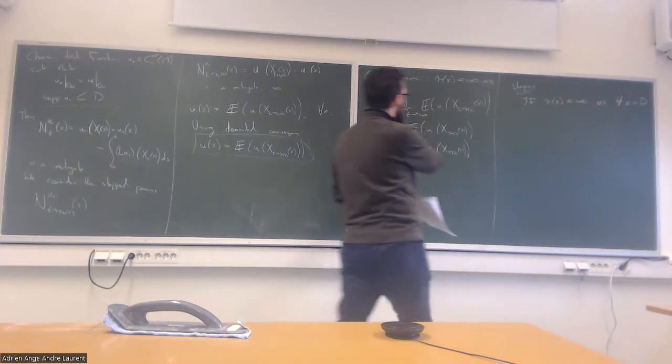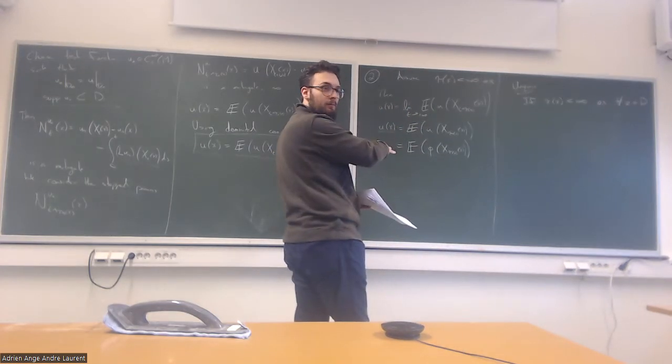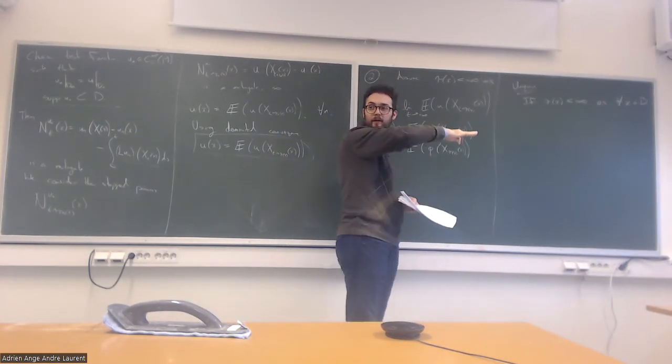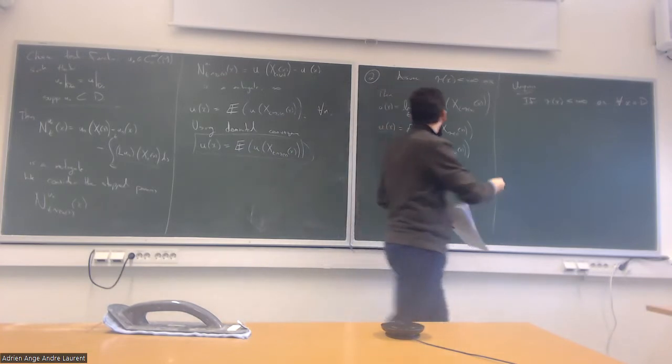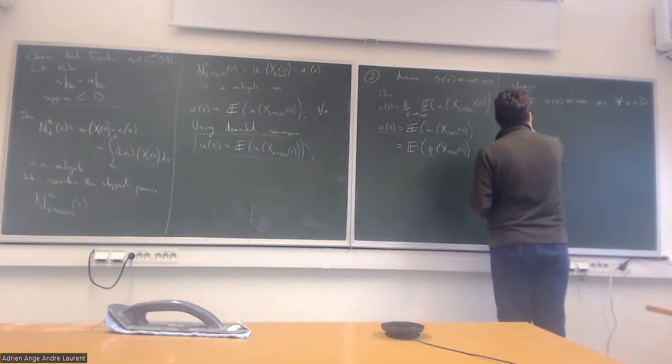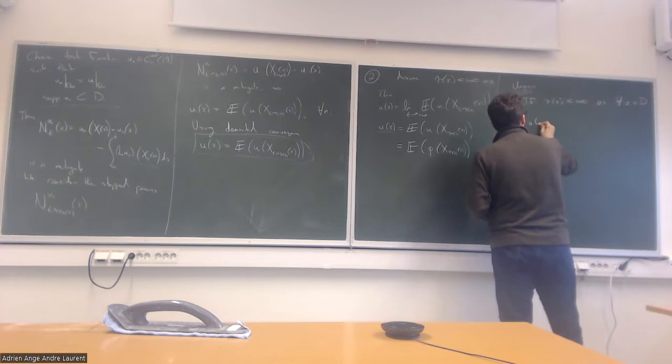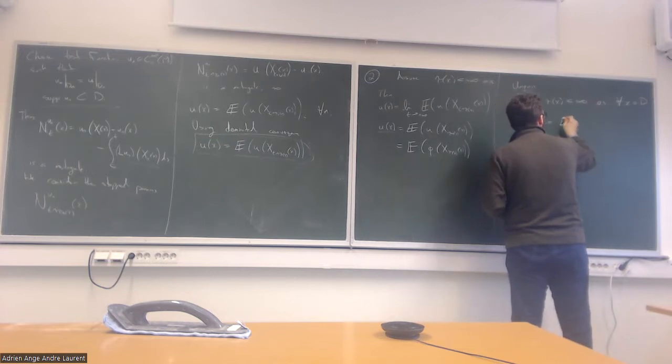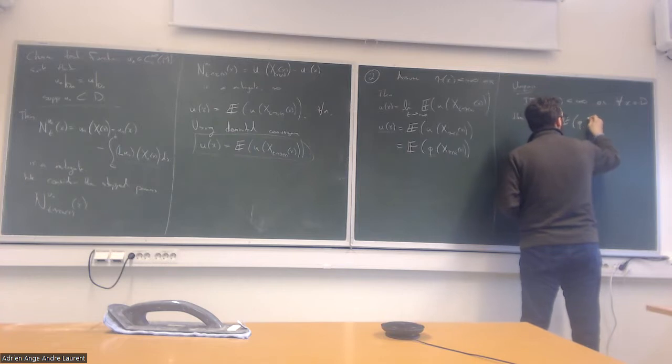Right? Because this is a statement about one specific x. But we're saying that no matter where we start in the domain, almost surely we exit in finite time, then u of x is simply always the expected value of phi of X tau.